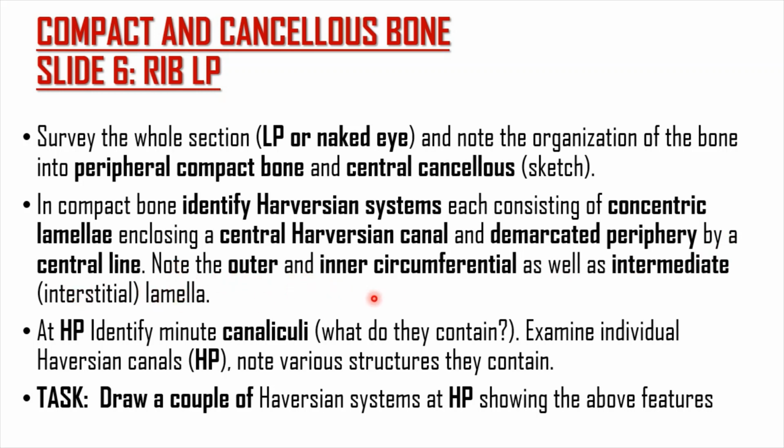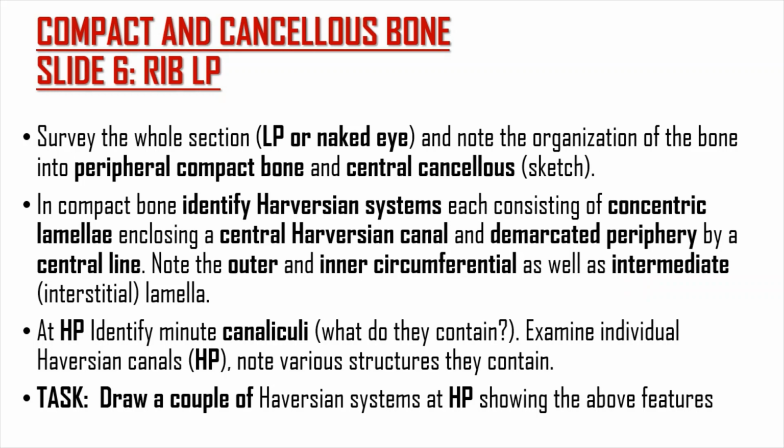You note the outer and inner circumferential as well as the intermediate lamellae. At high power, you identify the canaliculi. What do the canaliculi contain? You examine individual Haversian canals at high power and note the structures they contain. Now the task is to only draw the Haversian systems at high power.